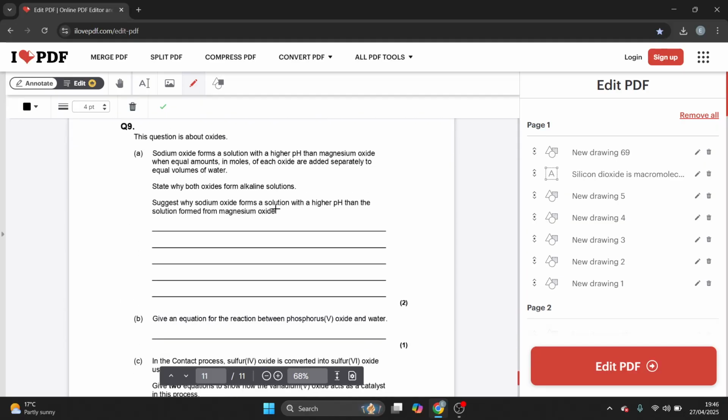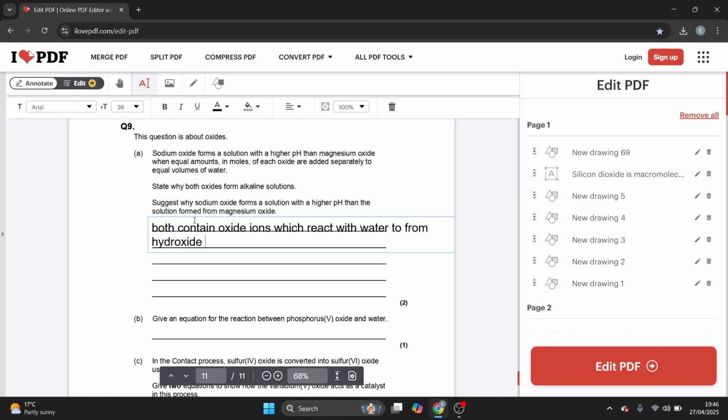State why both oxides form alkaline solutions. The idea is that both contain oxide ions, which react with water to form hydroxide ions.